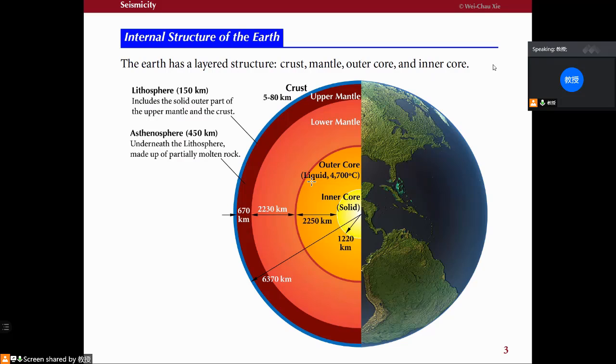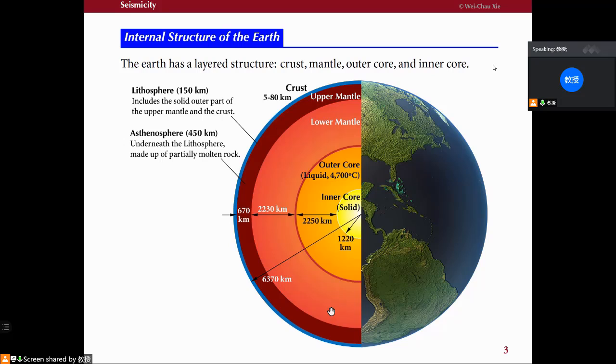It has the outer core, about 2250 kilometers, and then the inner core, the radius is 1220 kilometers. Okay, so the outer core has a temperature of 4700 degrees centigrade.